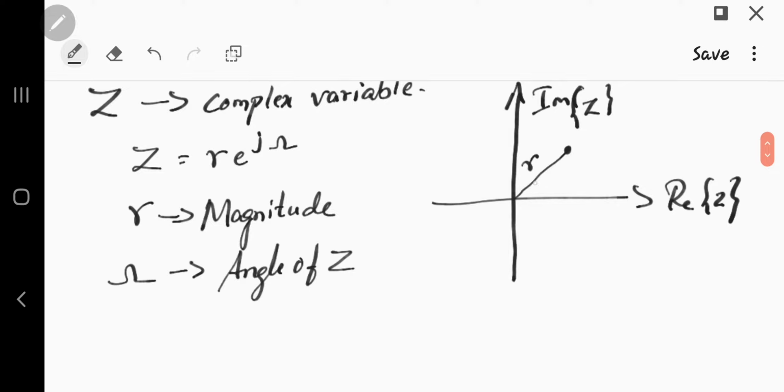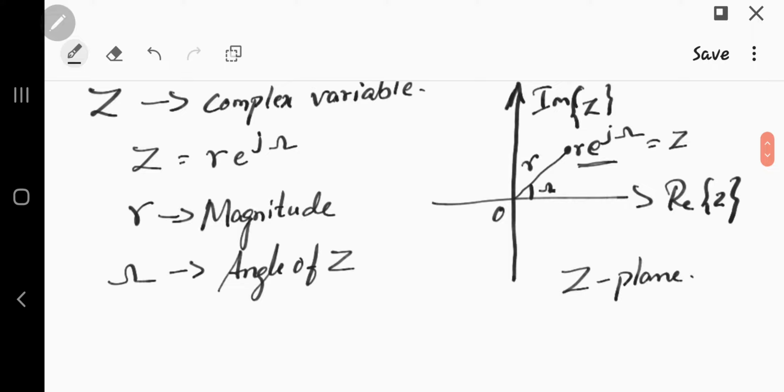We can also call this the radius, and the angle created here is omega. So this value is r e power j omega, which is nothing but z. This is the Z plane, with the imaginary axis and the real axis.